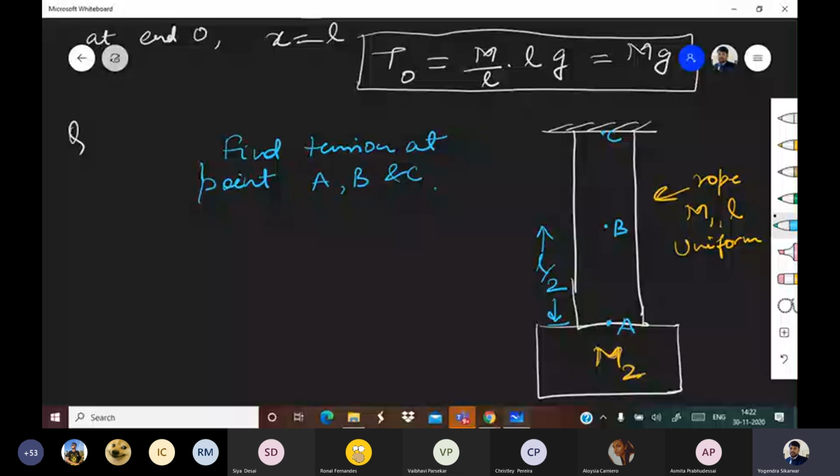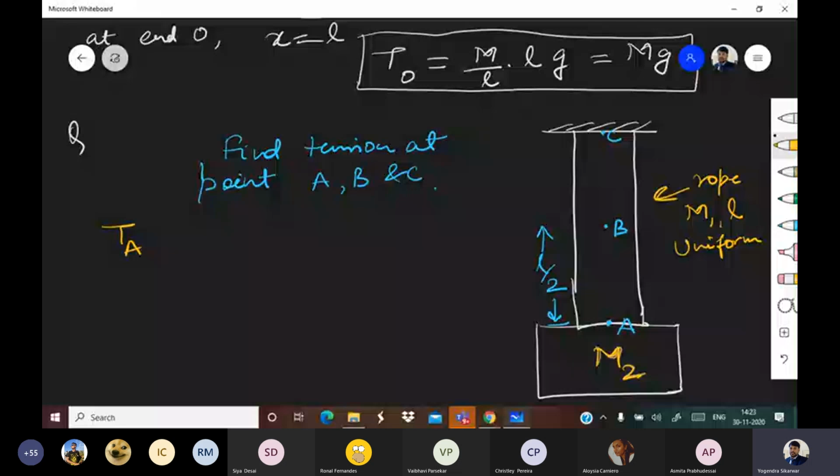Okay, everyone, please pay attention. So if you talk about point A, and if you cut the string from point A, M2 will fall. That means tension at point A is only due to M2, so that TA is equal to M2G.